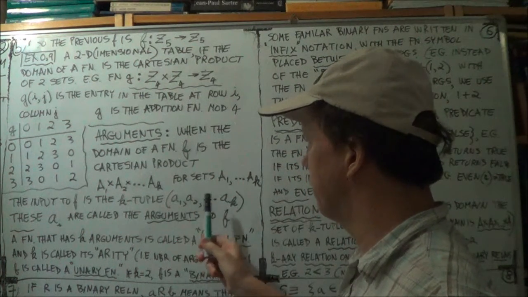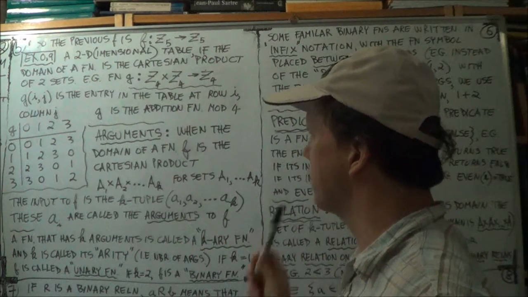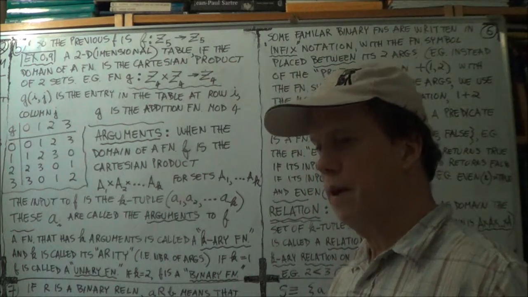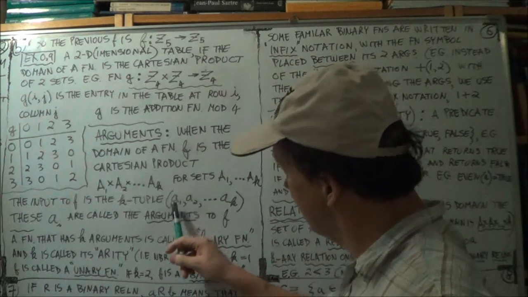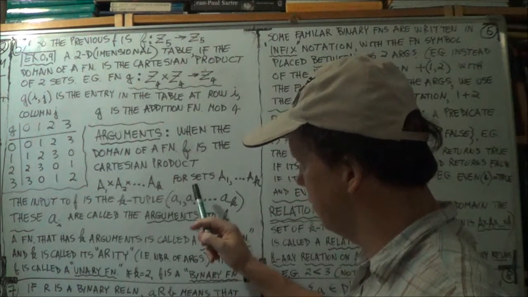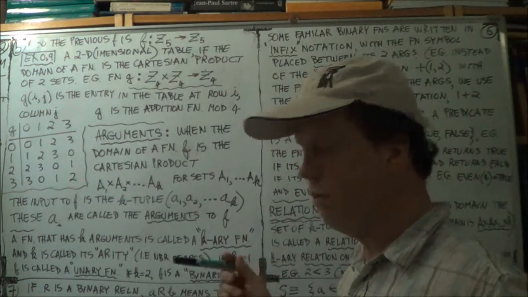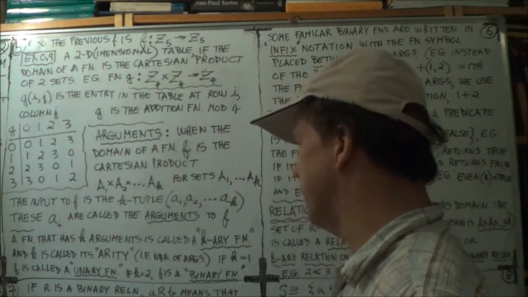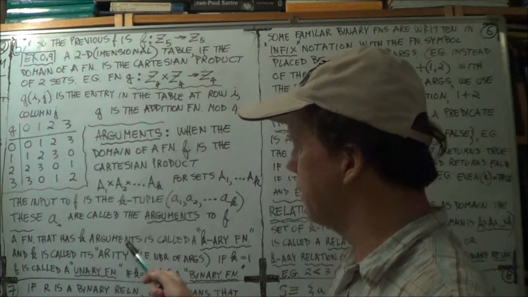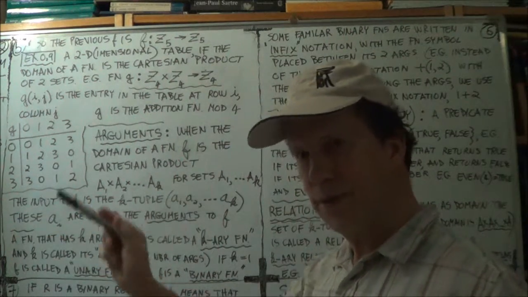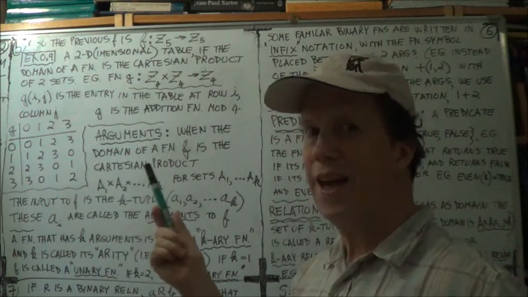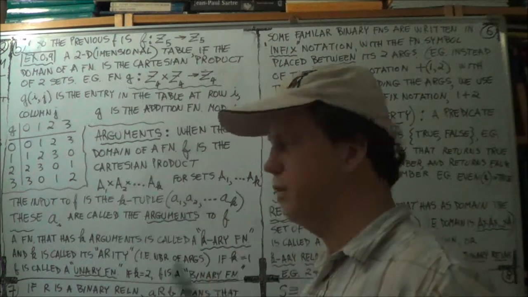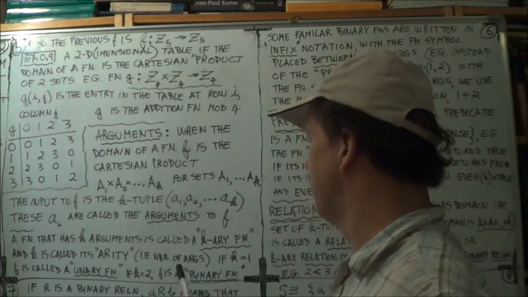So you have k arguments, and there may be different possible input values for the first argument, and for the second argument, and so on. If you have a function that has k arguments, there are k inputs. Like the function add we did before has two arguments, two inputs.